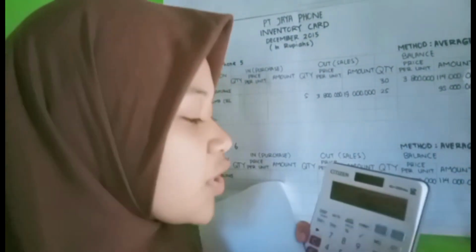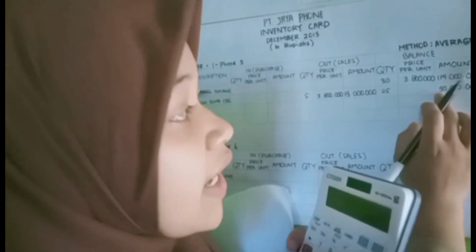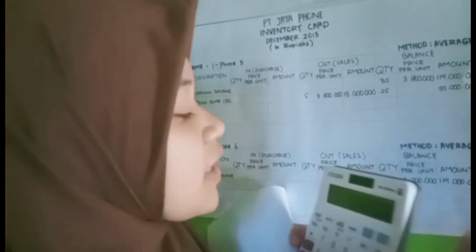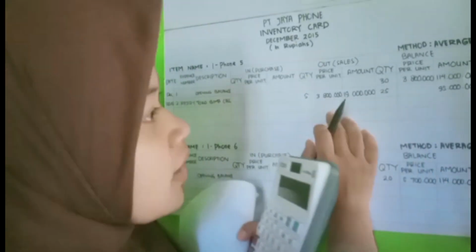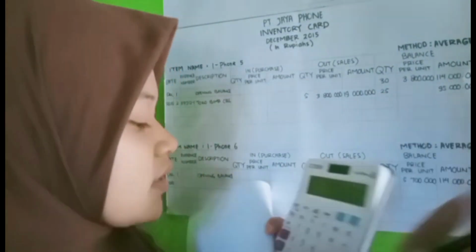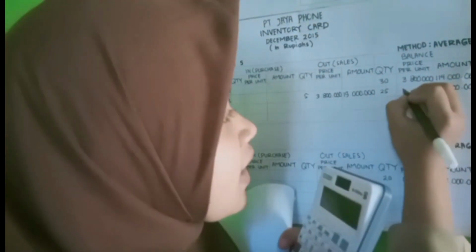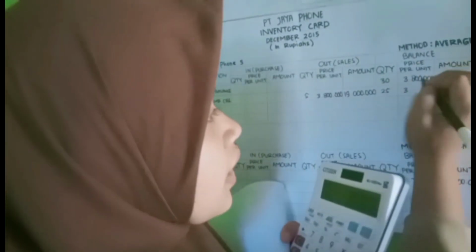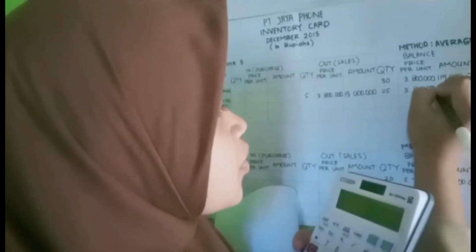For price per unit, we get it from 95 million rupiah divided by quantity 25. It's the same, 3,800,000 rupiah.